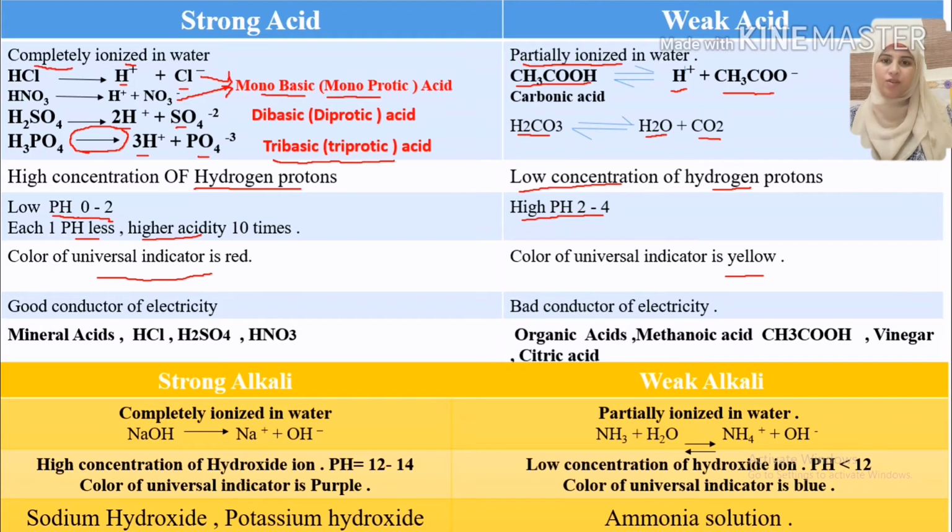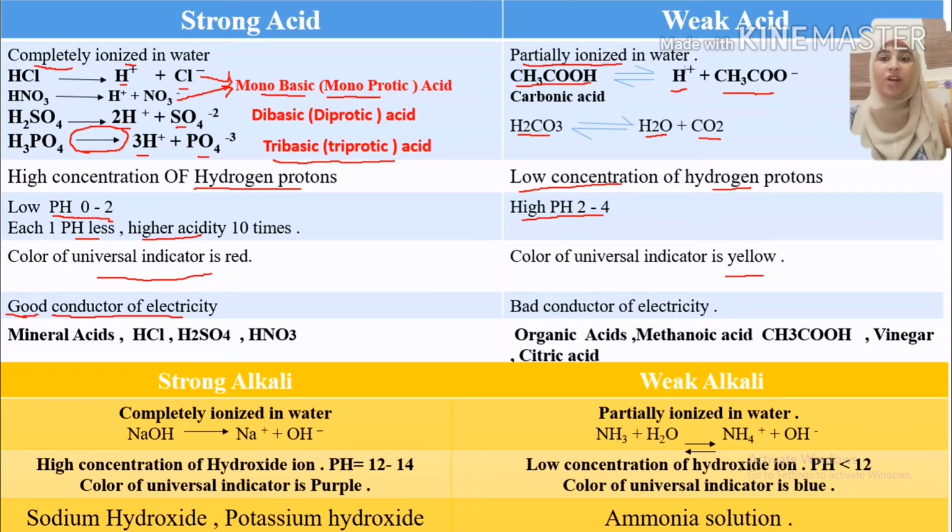It's a very good conductor of electricity. Take care, conducting electricity is related to having free ions. Free ions can move and conduct electricity. In the case of strong acids, of course, we have high concentration of free hydrogen protons and high concentration of free chloride ions.